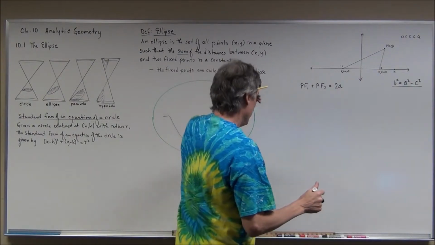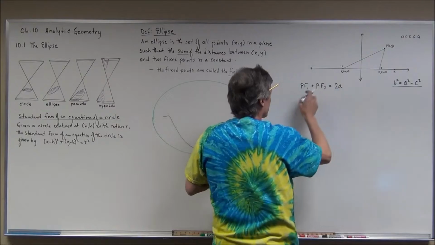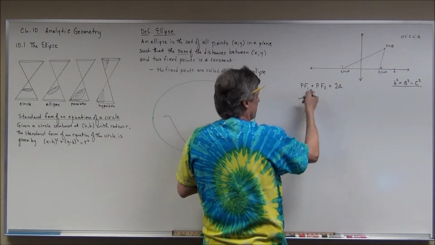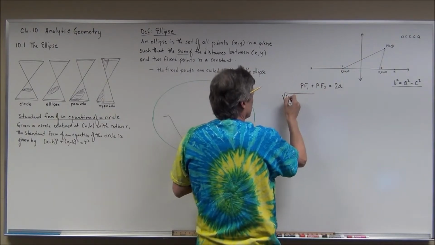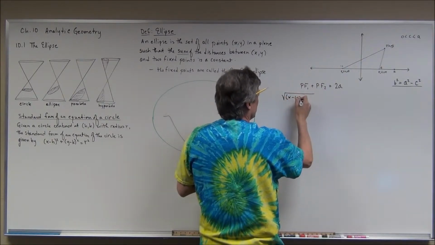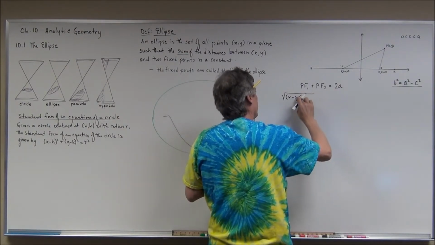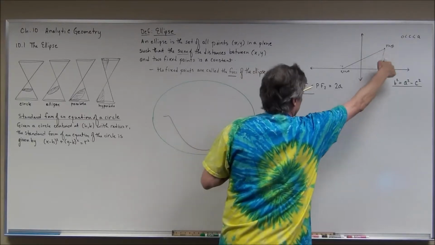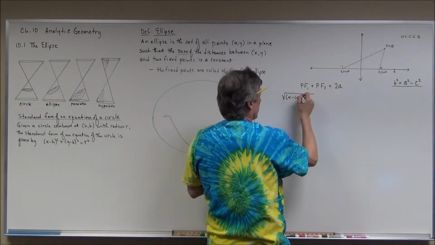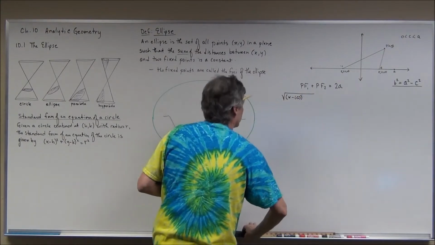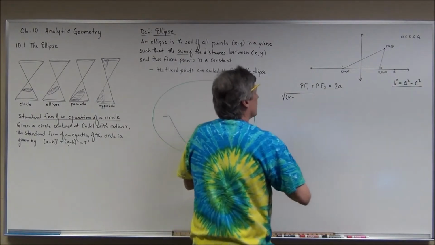Now, here's how we're going to go about showing you that. I'm going to write, using the distance formula, PF1 as the square root of x minus the opposite of C quantity squared. Actually, this is PF2. Let's do PF1. So it's this point right here. PF1 would be, yeah, it wouldn't be negative, but it would be squared. Here, let's try that again, since I started off with such a poor start here.